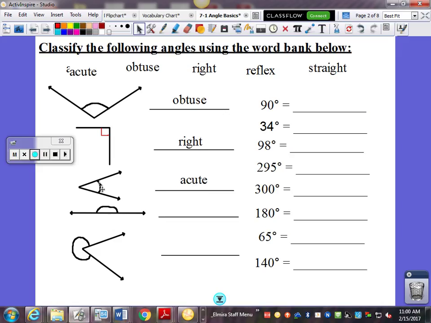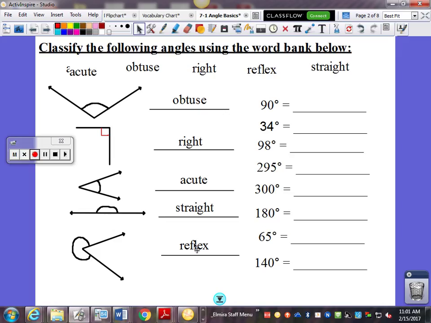I can tell because I've got the arc on the inside. Alright, this one is a straight angle. And this one has the arc on the outside, so it looks acute, but with the arc on the outside, it's actually a reflex angle. Okay, so those are all the pictures.